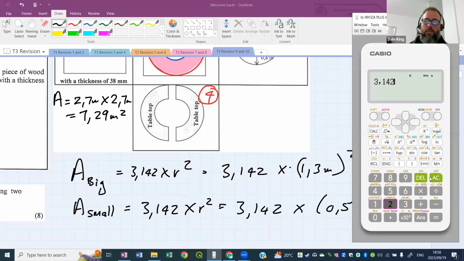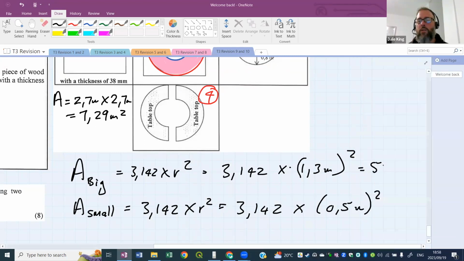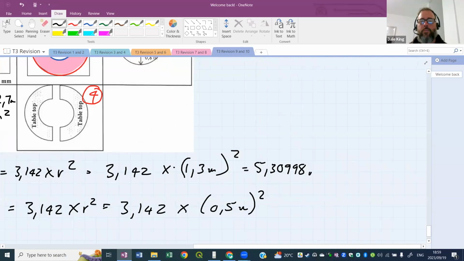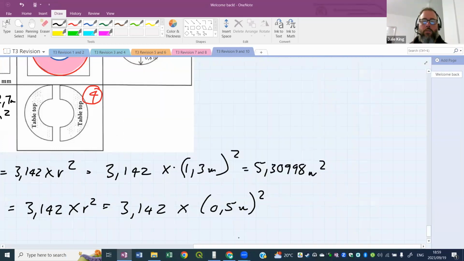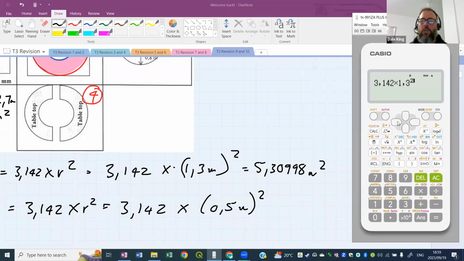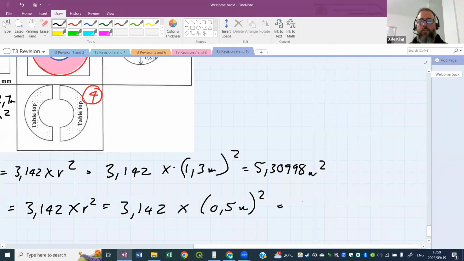So 3.142 times 1.3 squared gives me 5.30998 meters squared. And the small one just needs to change to 0.5. That's what needs to change there. 0.7855.